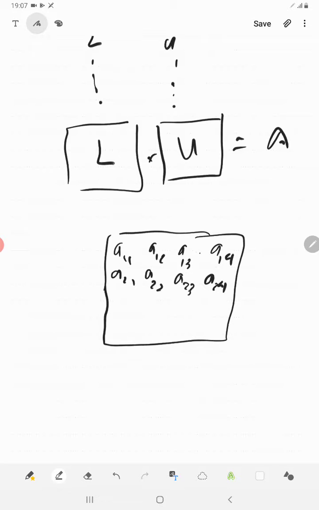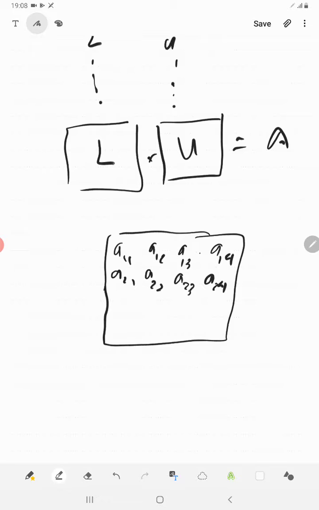In MATLAB, I defined actually matrix A. Let's see what is A. A is this matrix.